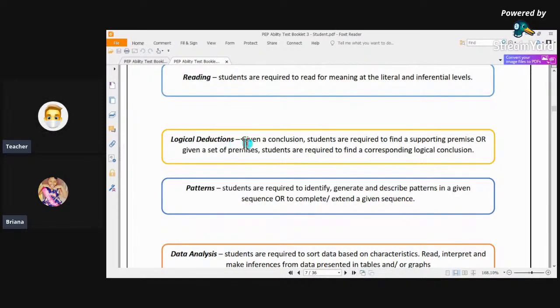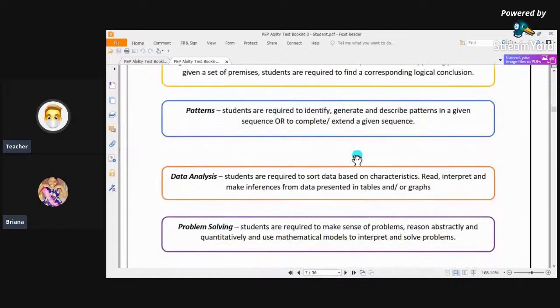Logical deductions. Given a conclusion, students are required to find a supporting premise, or given a set of premises, students are required to find the corresponding logical conclusion. Patterns. Tell me about patterns now, Brianna. Patterns. Students are required to identify, generate, and describe patterns in a given sentence or to complete, extend a given sequence.